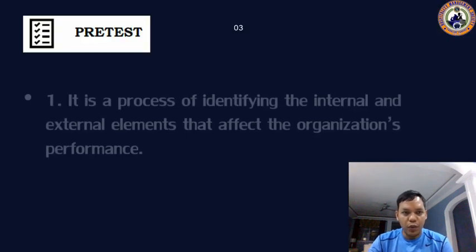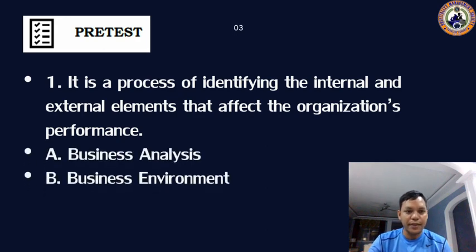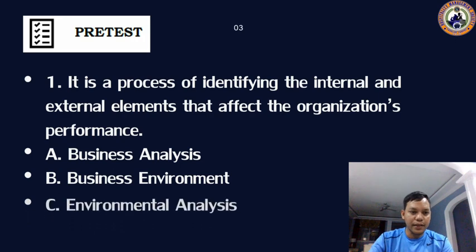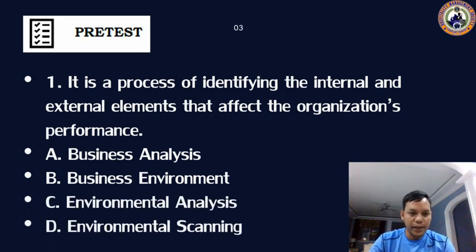Question number 1: it is a process of identifying the internal and external elements that affect the organization's performance. A. Business analysis. B. Business environment. C. Environmental analysis. Or letter D. Environmental scanning.